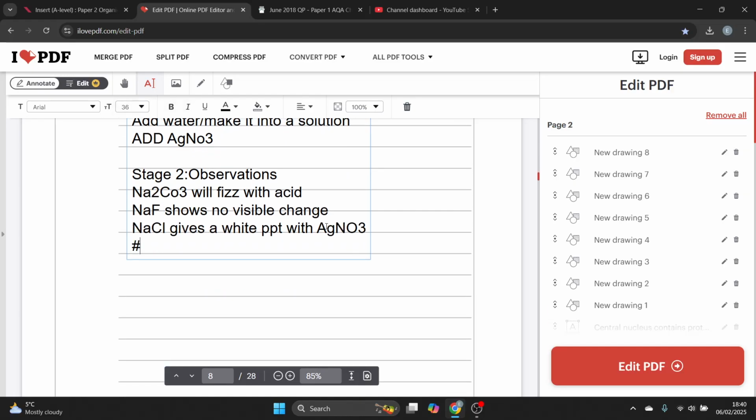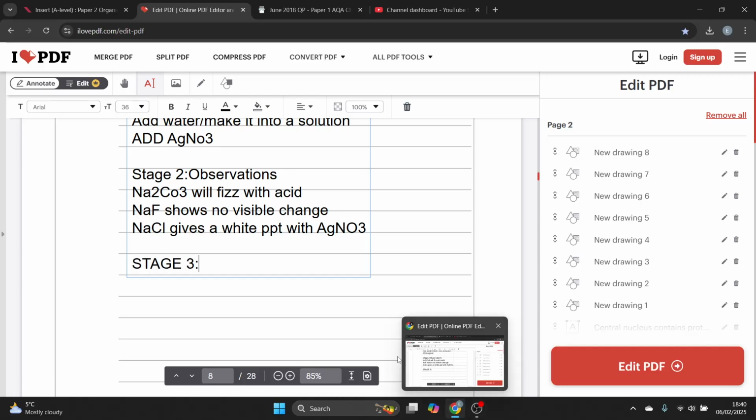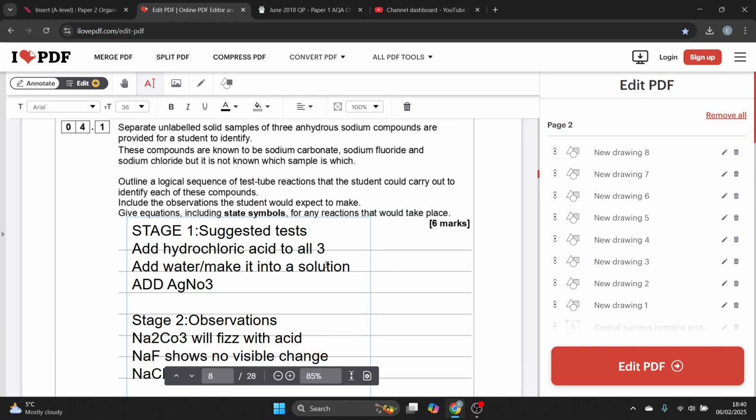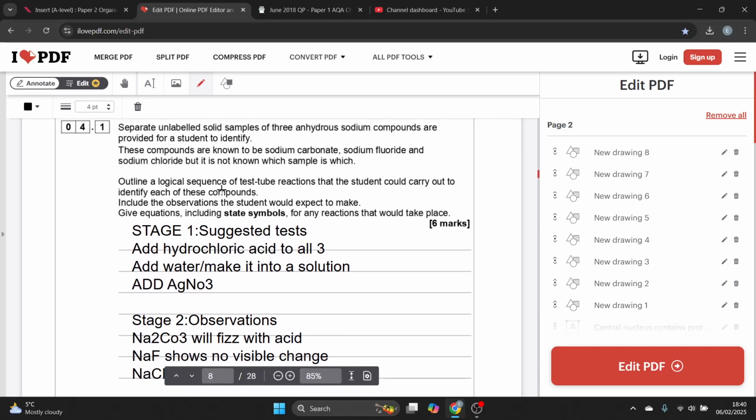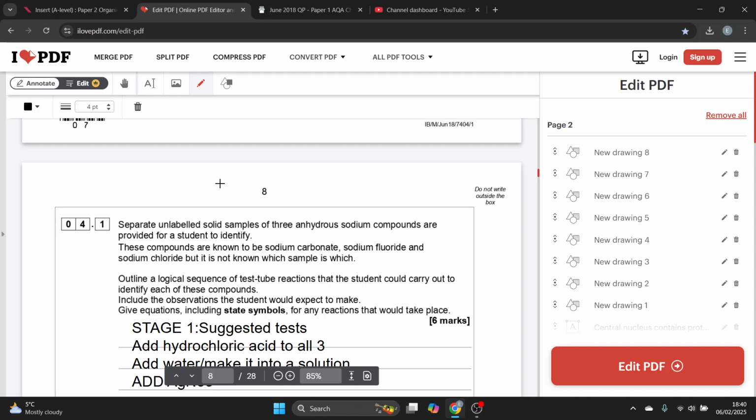Then stage 3, what does it want? It wants me to give equations for any reactions that would take place, including state symbols. Well, I've got sodium carbonate, Na2CO3, and HNO3.